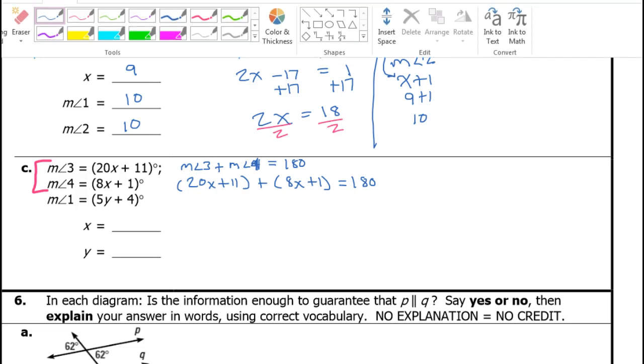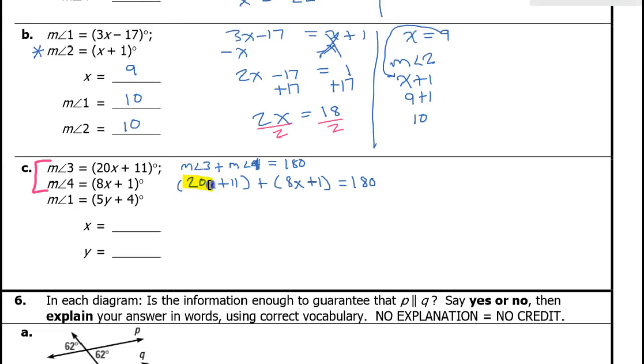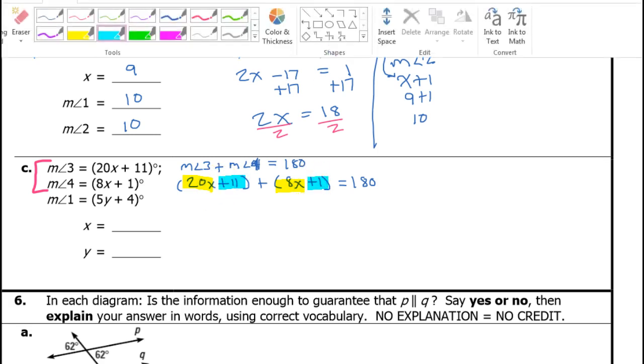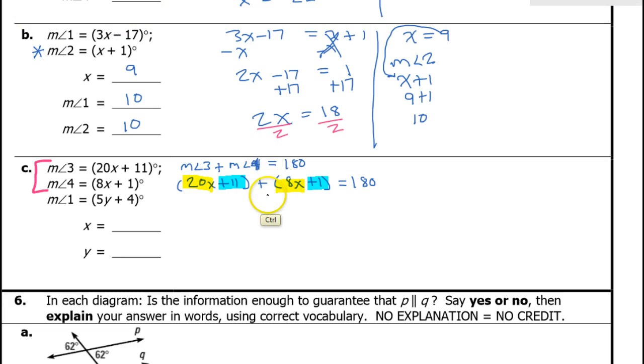If you combine like terms, the 20x goes with the 8x, and the 11 goes with the 1. So I'm just combining like terms. So 20x and 8x, that's 28x. 11 and 1 is 12.